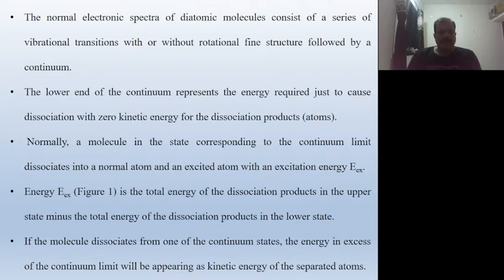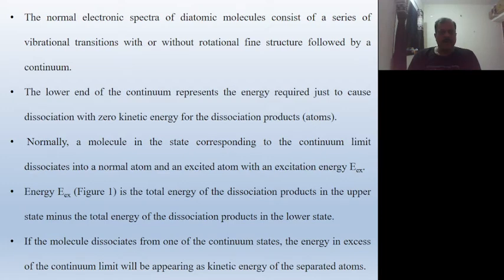The lower end of the continuum represents the energy required just to cause dissociation with zero kinetic energy. Why zero kinetic energy? Because the zero point energy epsilon naught is zero and the atom is in a stable condition. That's why there is zero kinetic energy for the dissociation product, the atom.